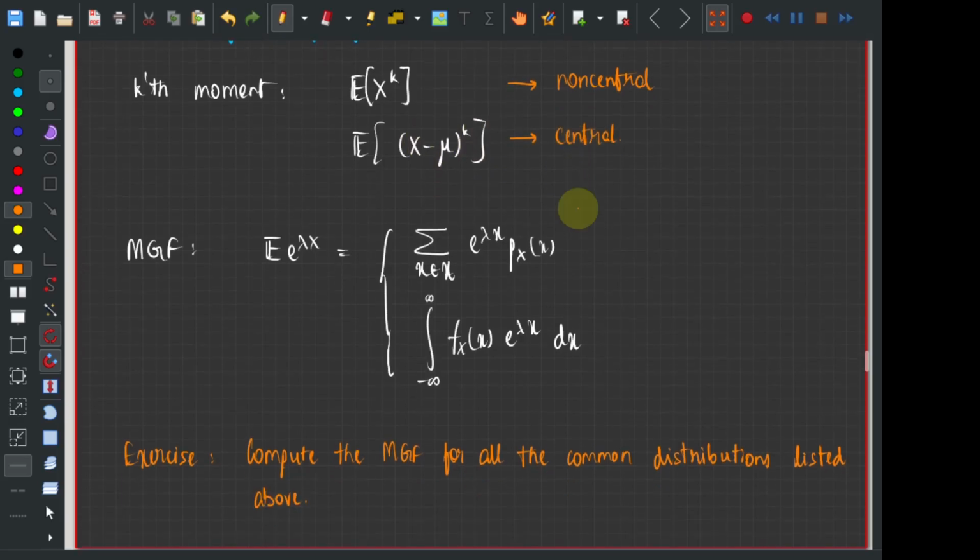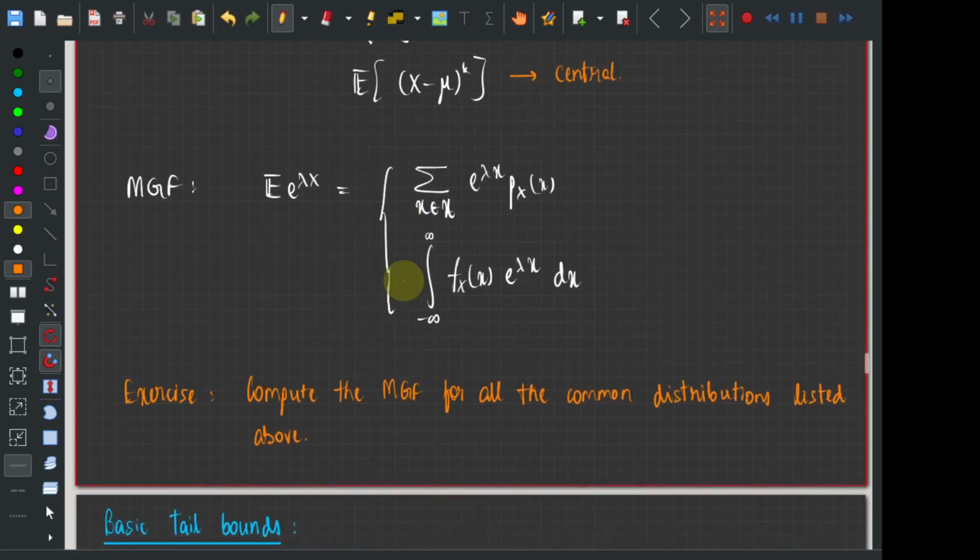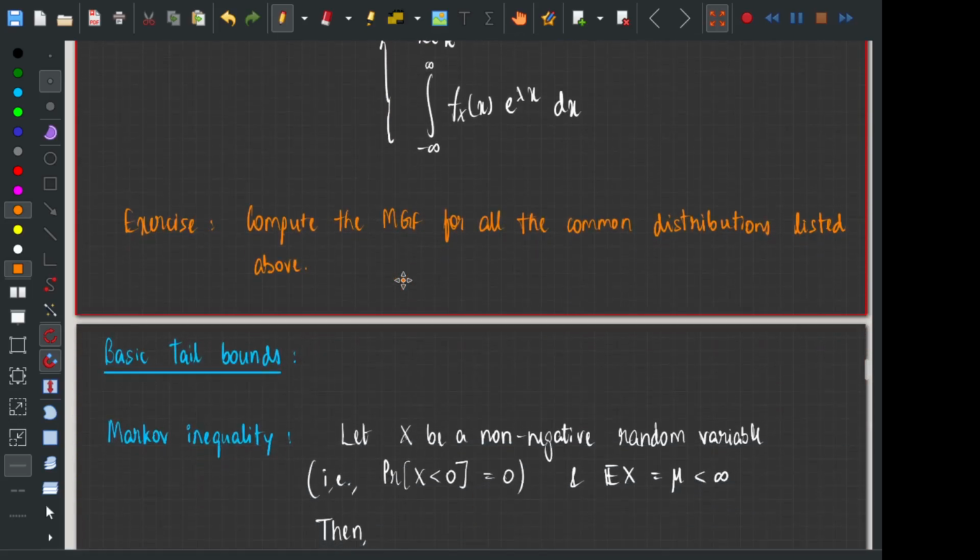And the moment generating function is just the expectation of e to the power lambda x for some lambda greater than 0. Why is this called the moment generating function? You can find the kth order moment just by taking the kth derivative and evaluating it at 0.